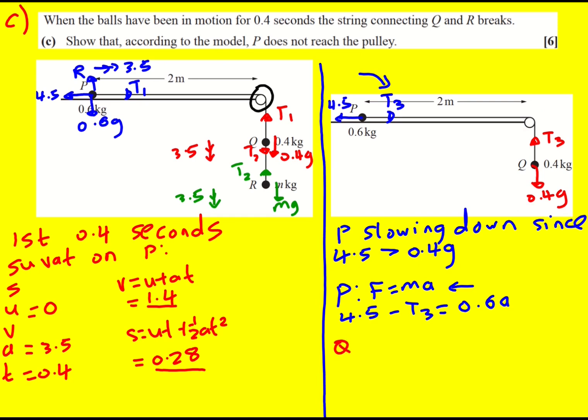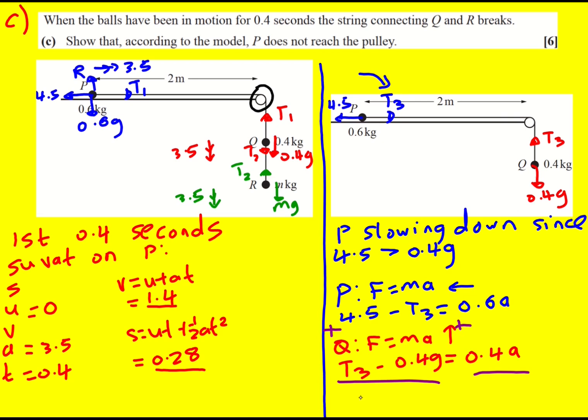And then for Q, apply F equals ma up. T3 minus 0.4 G is going to equal 0.4a. And I can add these two together.